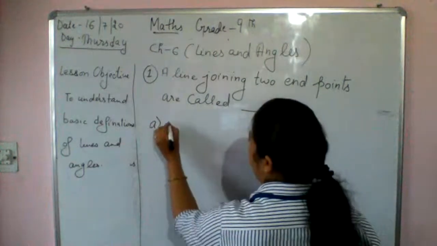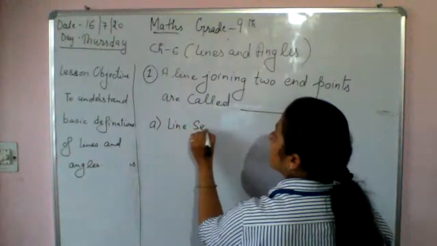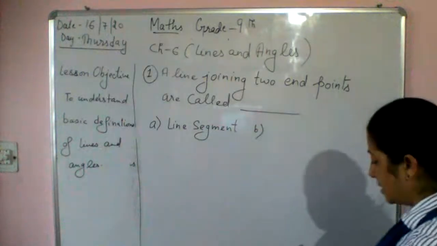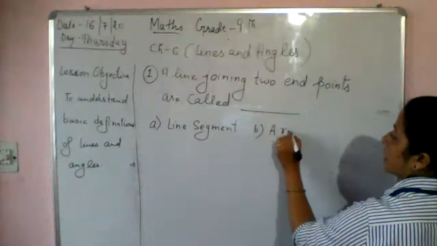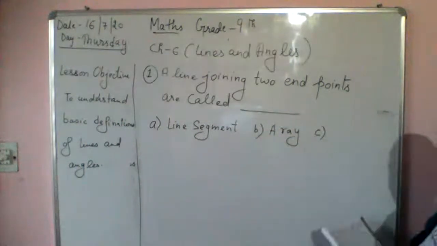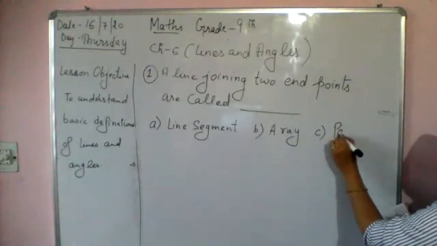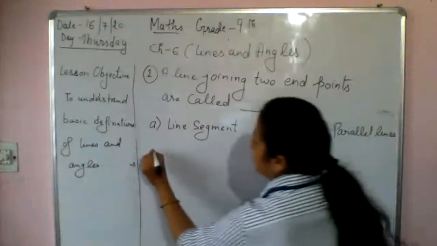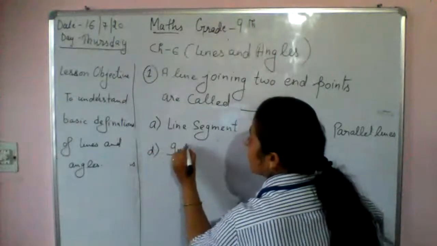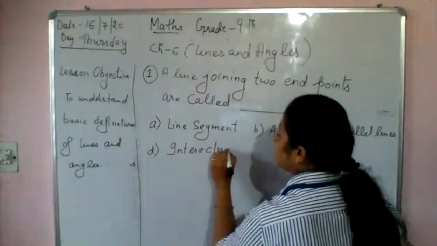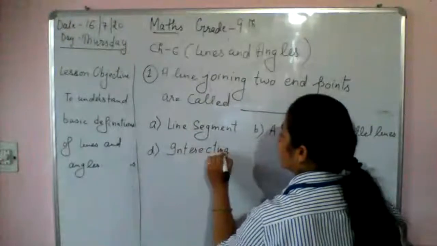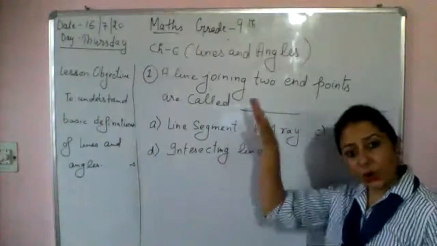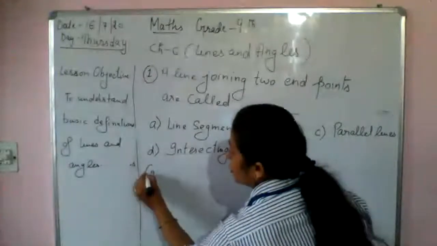Your options are: line segment; the second one, a ray; the third one, parallel lines; and the fourth one, intersecting lines. I told you that you will not send the answers one by one. Collectively, you will send the answer. First, note down the questions.